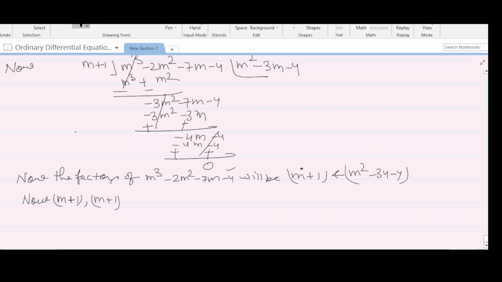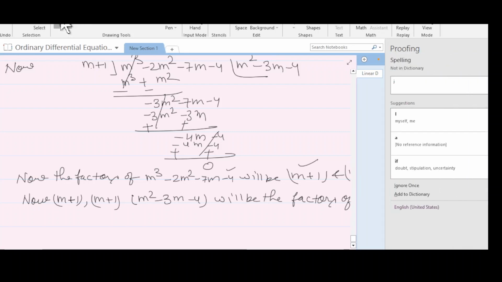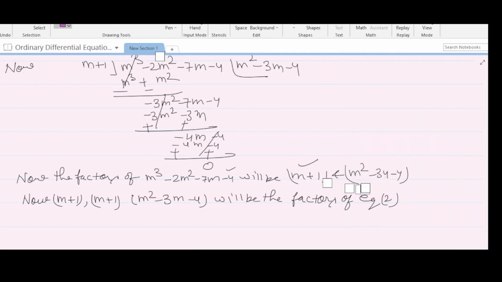Now this m plus 1 stands for this one, and m square minus 3m minus 4 will be the factors of equation 2, right, and this is 3m.